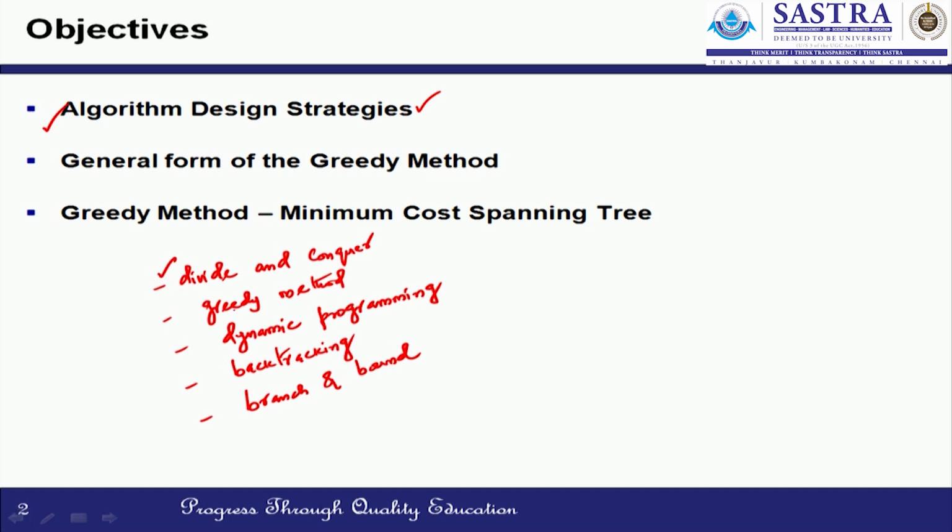The second way to solve a problem using a good algorithm design strategy is the greedy method. Yet to see are dynamic programming, backtracking, and branch and bound. These three are other algorithm design strategies that we are going to discuss in the coming chapters.